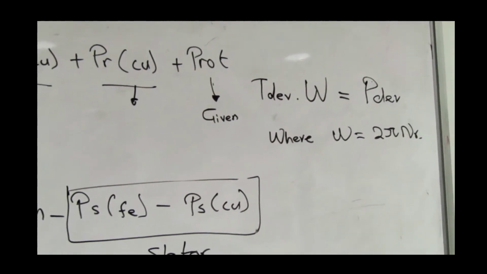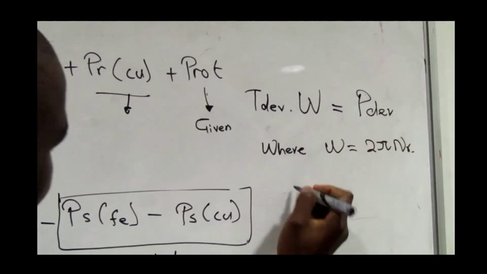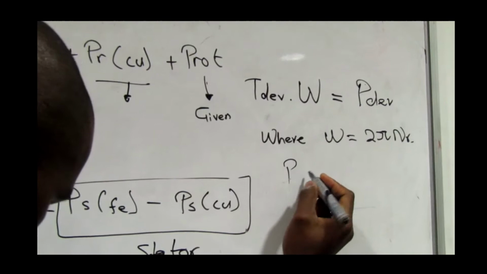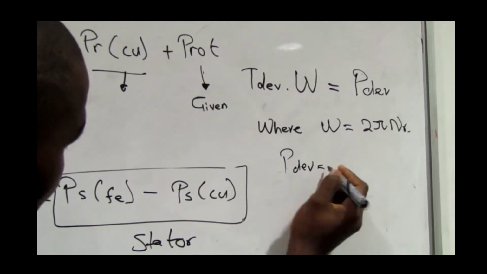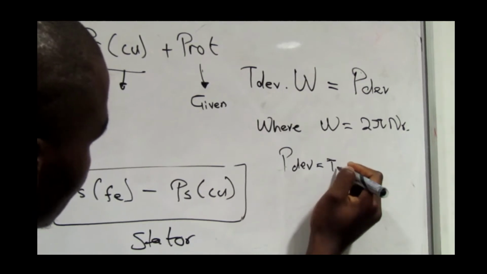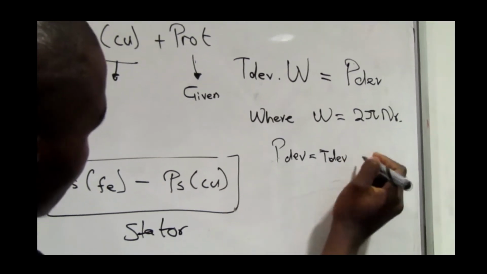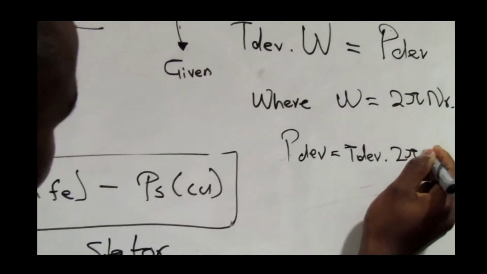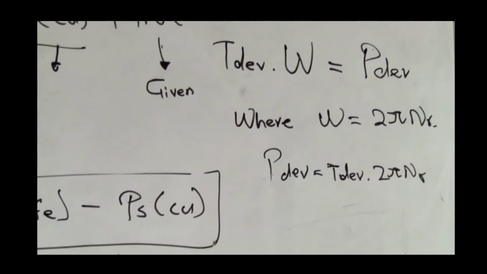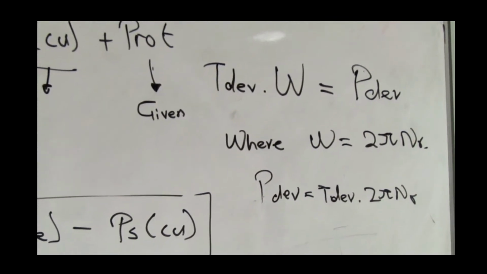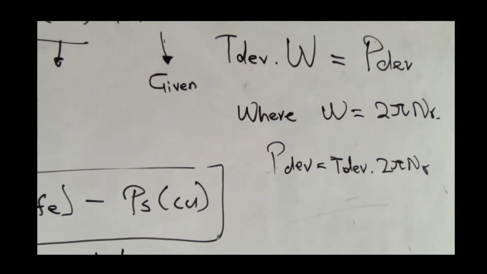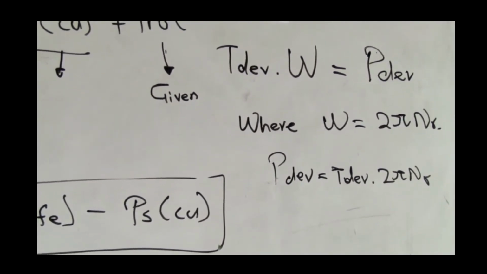So if you were to calculate the P developed, you're going to have P developed equals T developed times 2 pi n r.